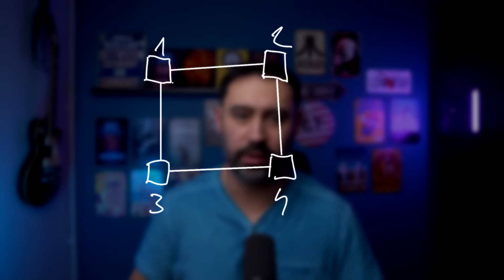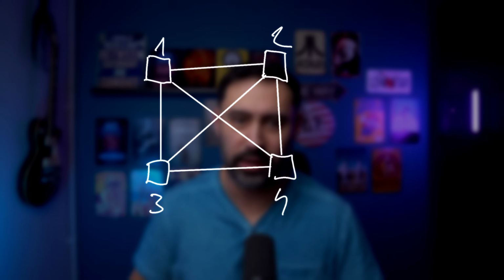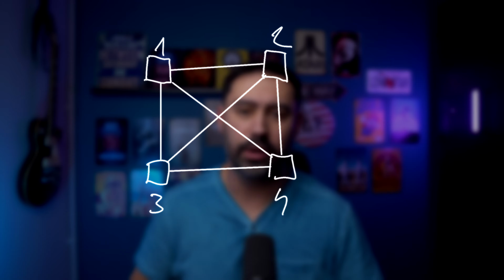Let's start with explaining what hub and spoke topology is and when to use it. In a full mesh topology, every site is directly connected to every other site. Mesh topologies provide robustness and multiple paths for data to travel, reducing the risk of single point of failure. If the link between node 1 and node 3 goes down, the traffic can still keep flowing via node 2 or node 4.